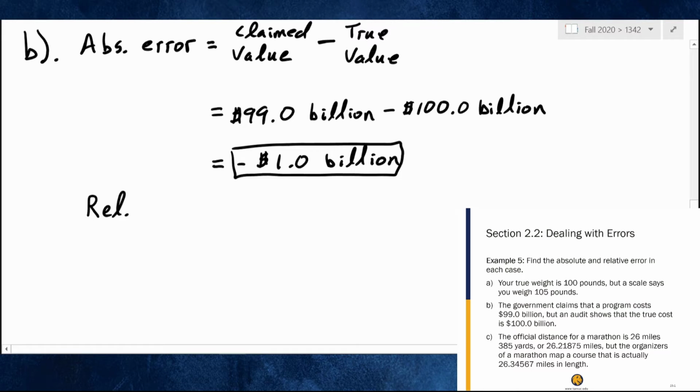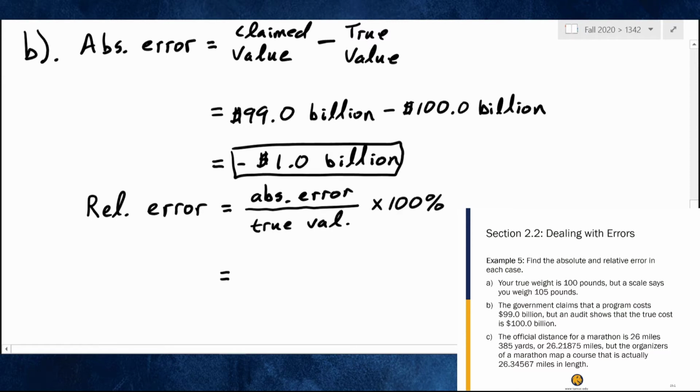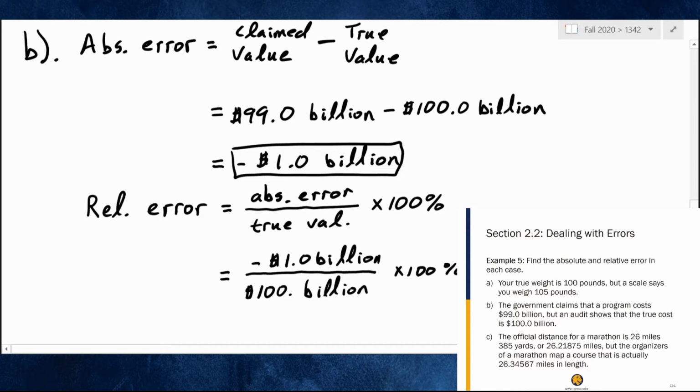The relative error, again, can be calculated by taking the absolute error divided by the true value. So in this case, that would be equal to negative 1 billion divided by the true value of 100 billion times 100%.